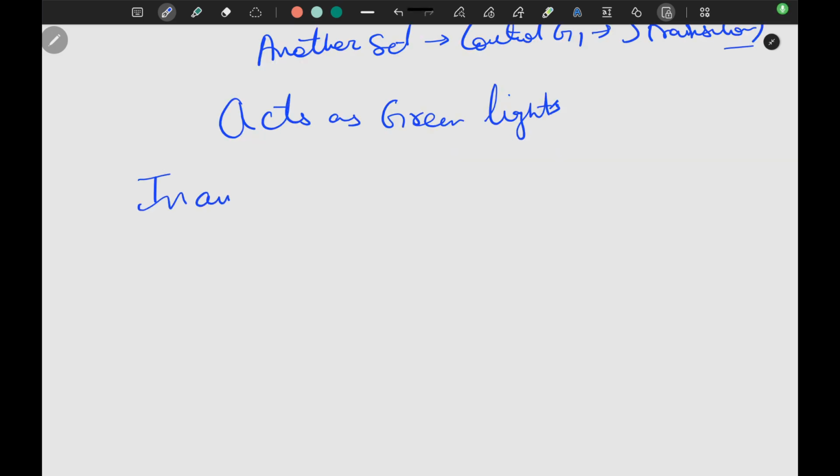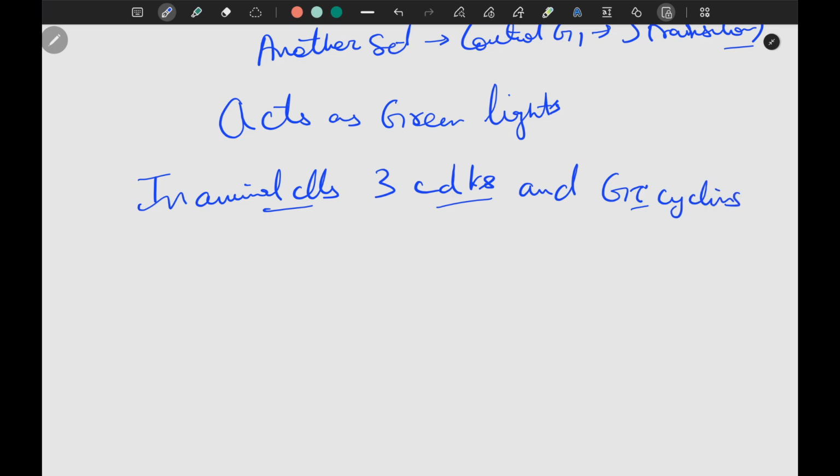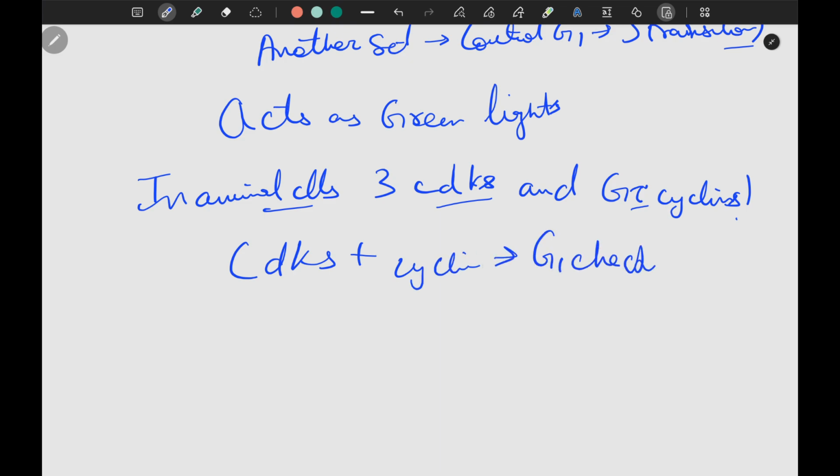In animal cells, there are at least 3 CDKs and several G1 cyclins. These work together to pass the G1 checkpoint. If the cell does not go further at the G1 checkpoint, it goes into a phase called G0, the resting phase.